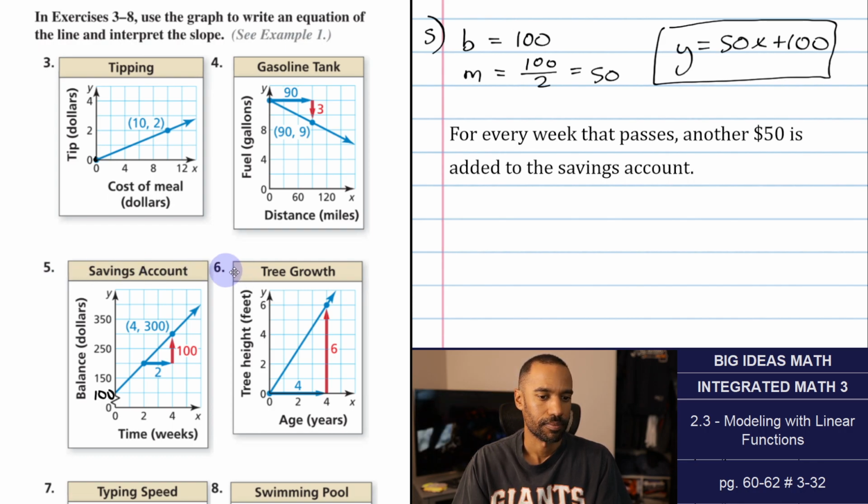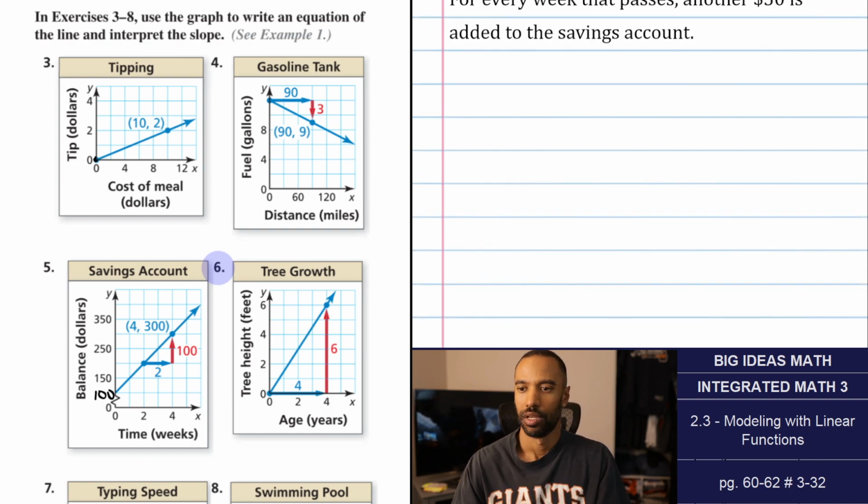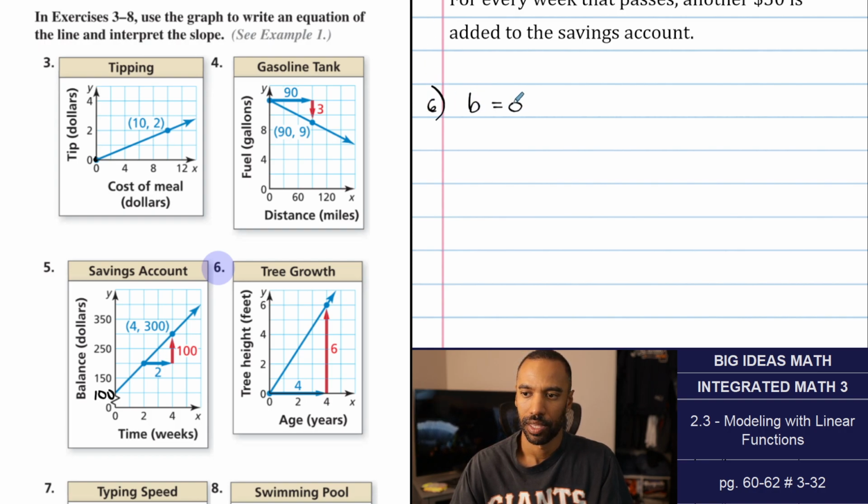Okay, number 6. Tree growth, or the height of the tree in years. So we once again have a y-intercept of 0, and you have a slope with a rise of 6 and a run of 4. Change in y over change in x, which reduces to 3 over 2. You could also say 1.5.